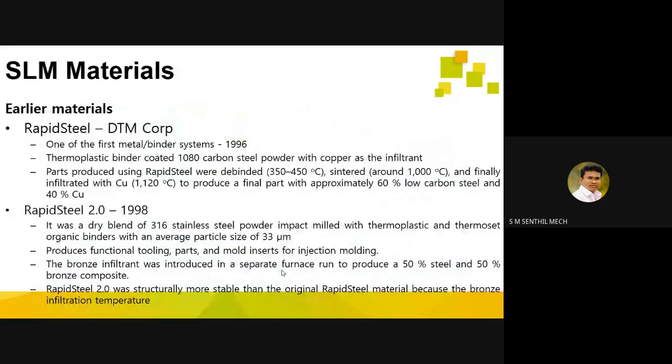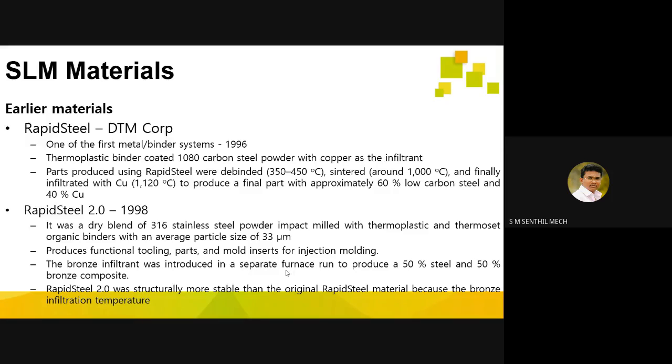So now coming to SLM. As you already know, it is selective laser melting. We have discussed the history of this. It was attempted during the 1990s. The first company to come up with this was DTM Corp. They were using earlier materials like Rapid Steel, one of their own production.